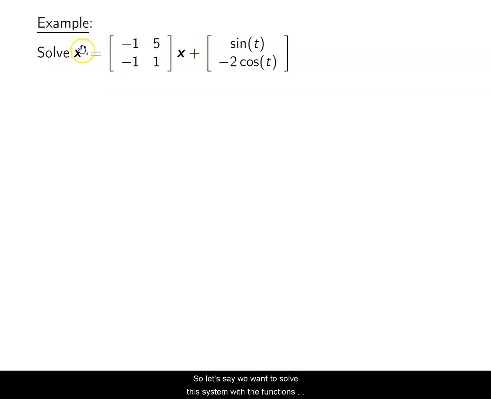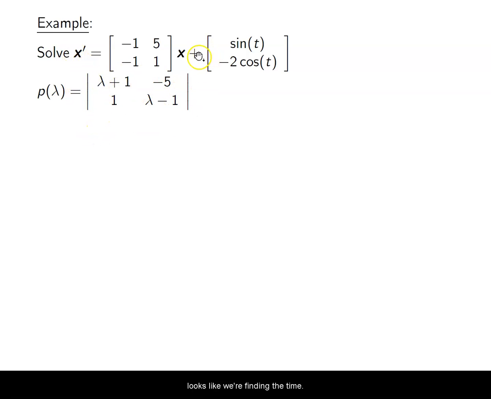Let's say we want to solve this system with the functions sine of t and -2 cosine of t as our non-homogeneous functions, our forcing functions. My characteristic polynomial is going to be the determinant of lambda I minus A. That's what lambda I minus A looks like.